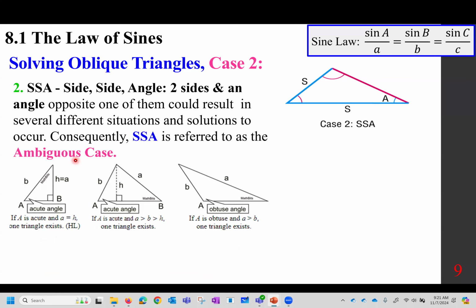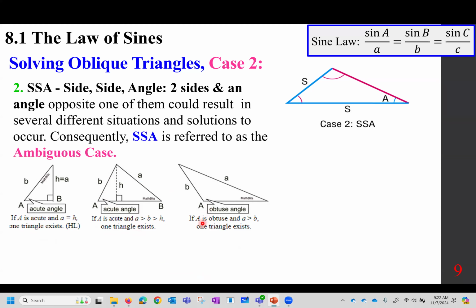So, if A is acute and a equals h, there is one triangle. In fact, it's a right triangle. If A is acute and a is larger than b, larger than h, one triangle exists.